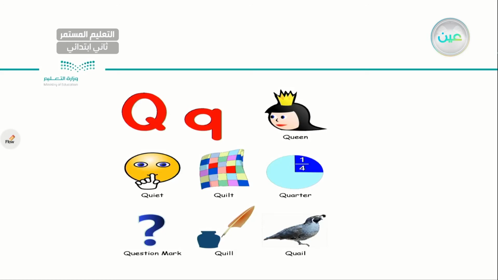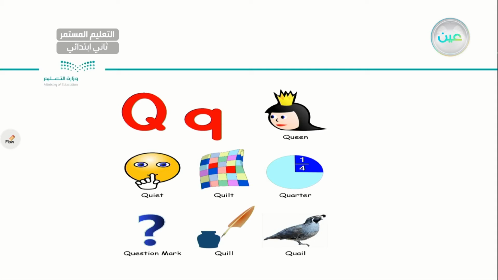For the next letter, I have letter Q. Okay, Q. Now, we have the capital letter and the small letter. Let's read some of the words here that start with Q. Quiet, question mark, quilt, quill, queen, quarter, and quail.